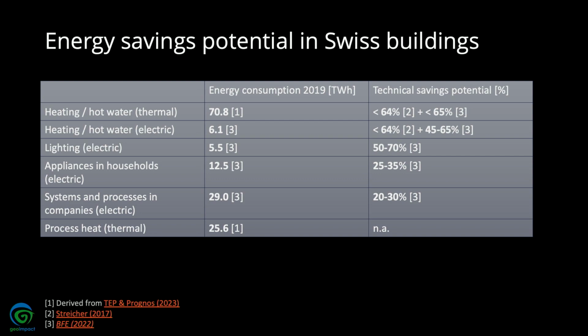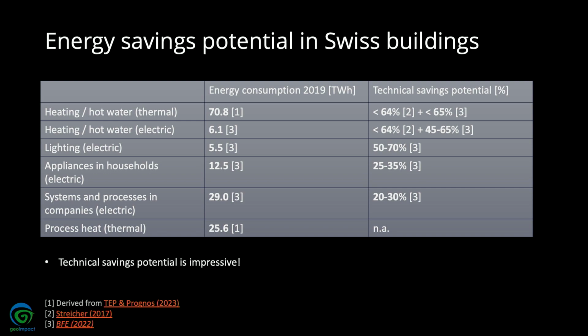And another similarly high potential by switching from current heating systems, oil or electric radiators, to heat pumps, for example. And then in lighting, we also have a very big potential, also big potentials in appliances and households and system processing companies.